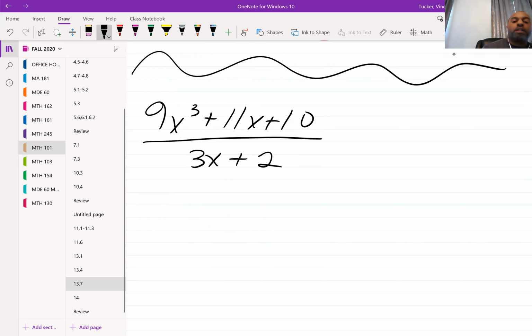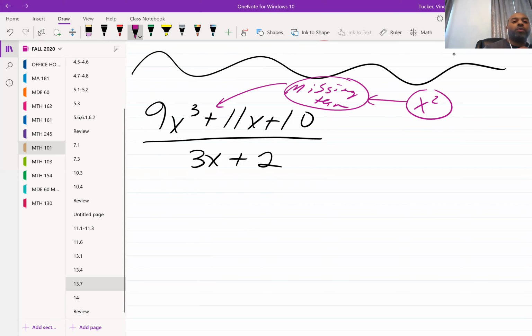So first thing we recognize, we have x cubed, and then it jumps from cubed to x to the first power. So we have a missing term, and that missing term is x squared.